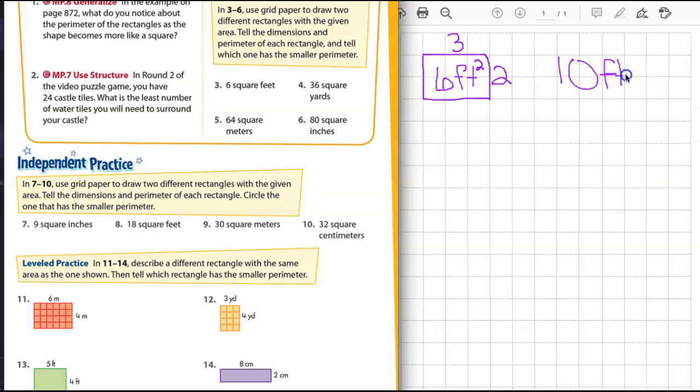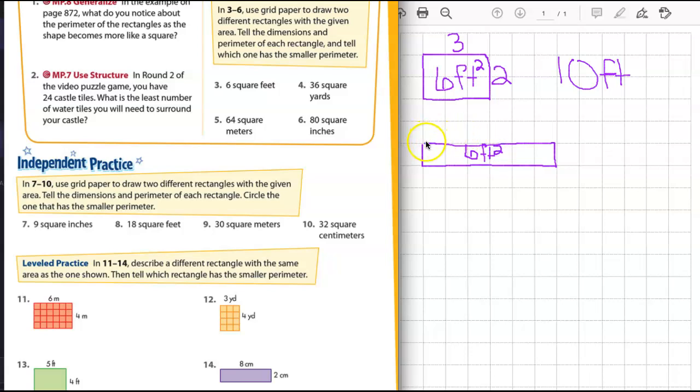So I'm going to draw one more rectangle with an area of 6. So I'm going to draw it really long and thin with 6 squares. There's 3, 4, 5, 6 squares. So if I count, I have 1, 2, 3, 4, 5, 6. So the area inside is 6 feet squared.